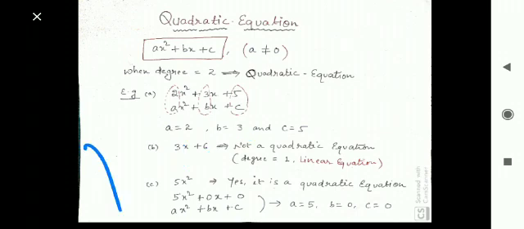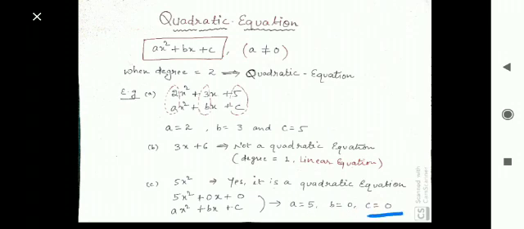Now come to the next example, that is 5x square. See, this is the equation 5x square, but still it is a quadratic equation. Why is it quadratic? Because in this equation the degree is 2. Now what is given? The condition that a must not be equal to 0. See, a is not 0 here. a is 5, but b is 0 and c is 0.